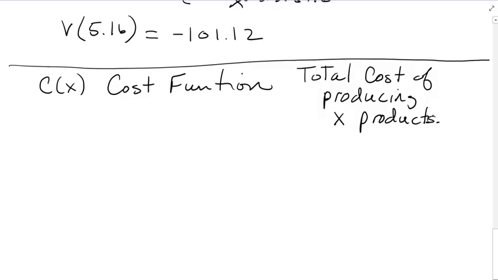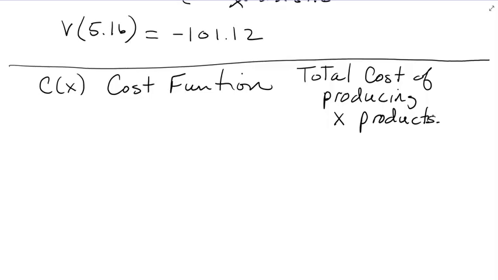So once you have a cost function, you can say, hey, what's the cost of making 100 products? What's the cost of making 1,000 products, just by plugging it in? All right, that is your basic cost function. Any x you plug in gives you the total cost of all the products up to that number.